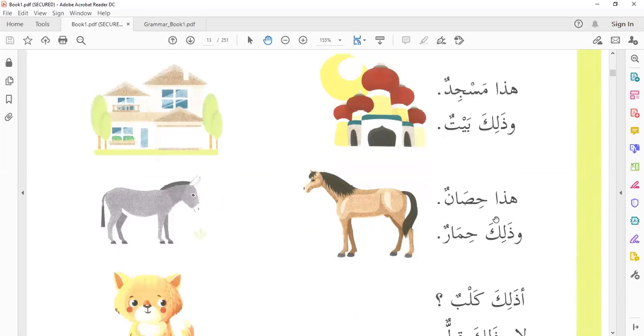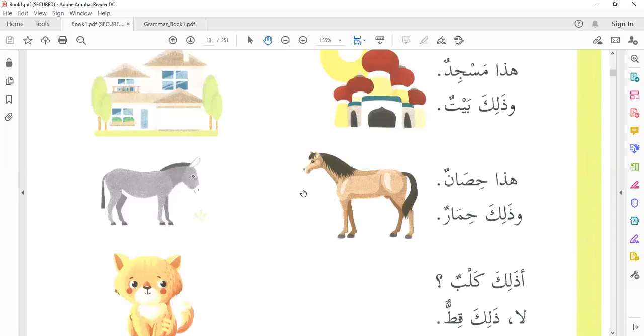Let's go to the Sayyid, someone from the Sayyid household. Can you do the next example for us? هذا حسن. Good. Yes. And the answer, or the next one? وذلك حمار. Excellent. Jazakumullah. This, the closer one, is a horse. حصان. وذلك حمار.